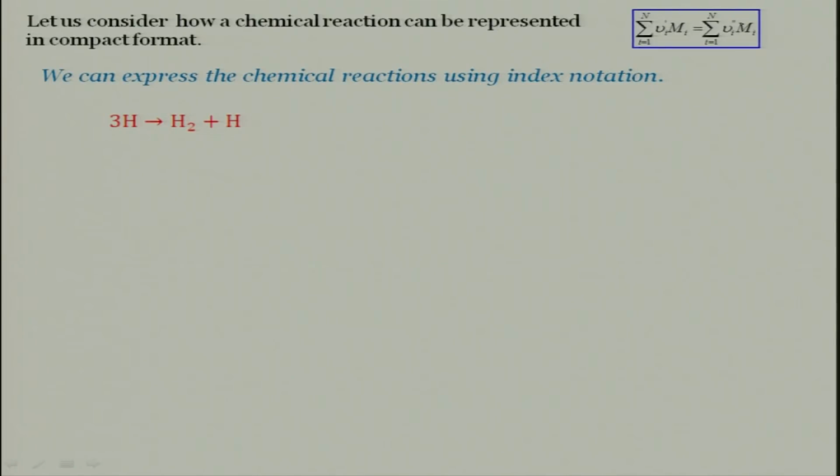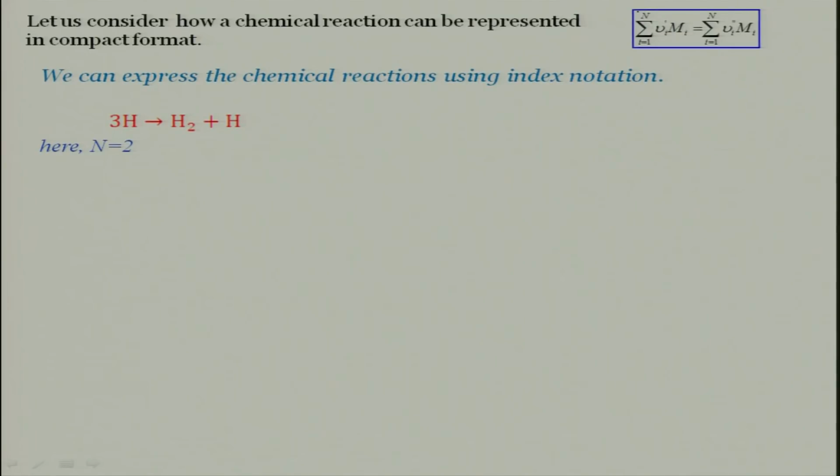For example, if I say 3H goes to H2 plus H, in this case how many participating species are there? H and H2, that means 2. So this N will be 2.